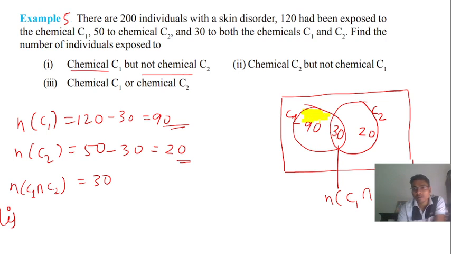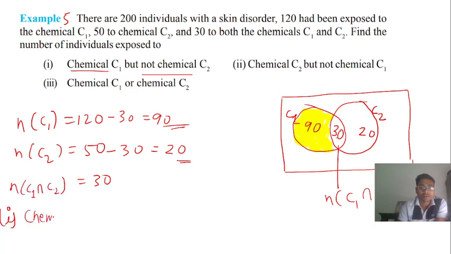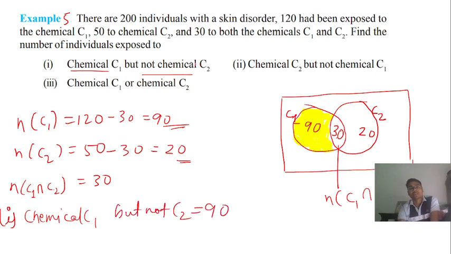This portion is chemical 1 but not chemical 2, so how many patients are there here? C1 but not C2 is 90. Got it? 90 is the answer here. Then they are saying chemical 2 but not chemical 1.